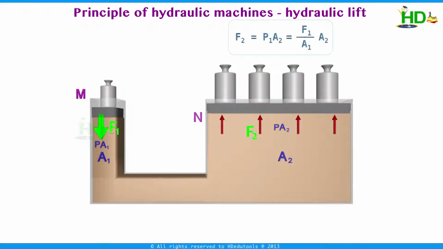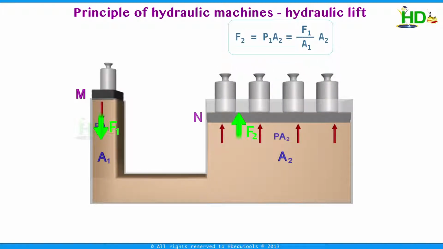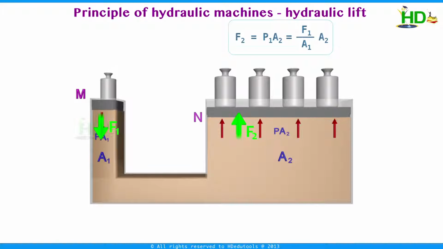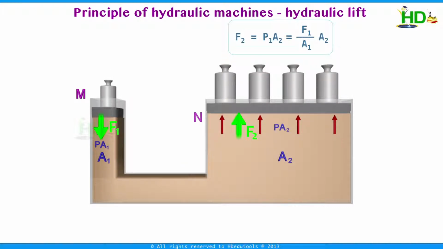Let F2 be the force at this piston. This is equal to the pressure on this piston times the area of cross section. Now F2 equals P1 into A2, which is F1 by A1 into A2. Since A2 is greater than A1, F2 is greater than F1. Thus, a small thrust applied to the smaller piston can be used to exert a large thrust on the bigger piston.